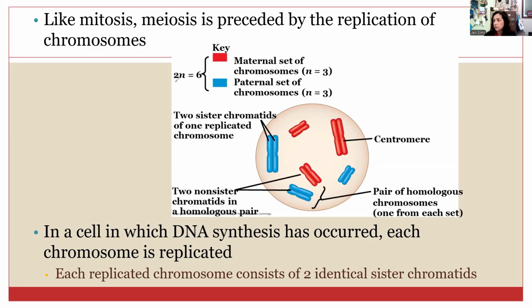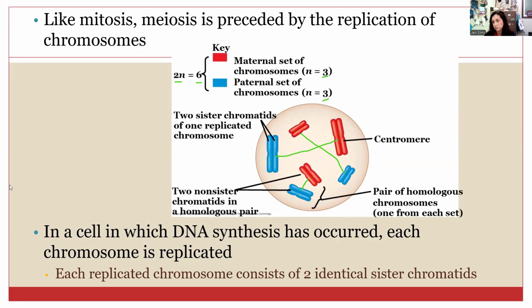So here's the key. 2N in this case is 6. This is a very strange organism, okay? So there's only 6 chromosomes in this organism. Very weird. There are 3 maternal and 3 paternal. So 1, 2, 3, and 3 paternal, 1, 2, 3. Here's homologs. Here's homologs. Here's homologs.